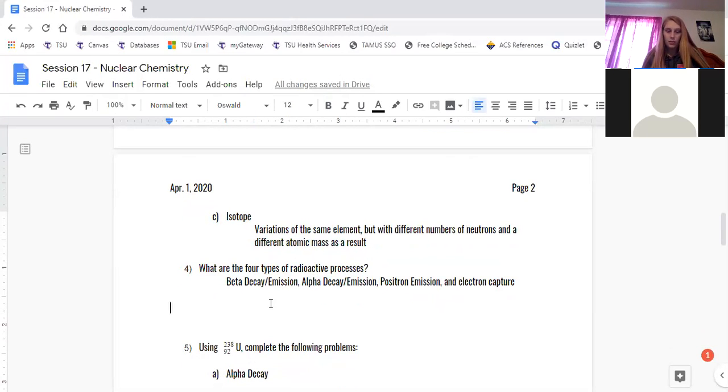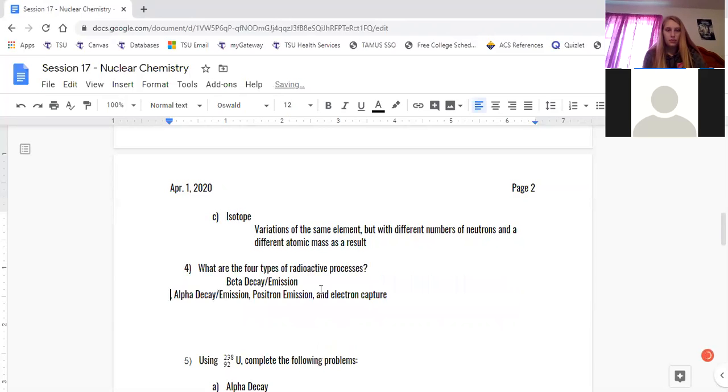I'm not sure this is going to paste right, but we're going to try it. Nope, it didn't work. Okay, I can type it, it just won't look quite the same.